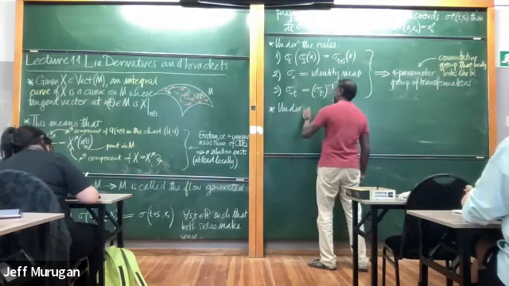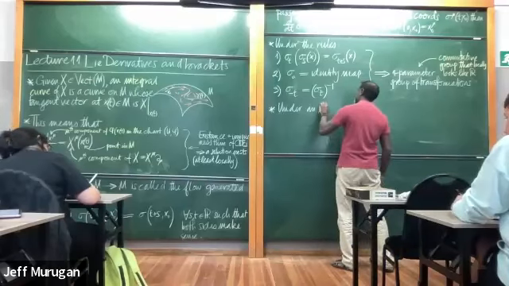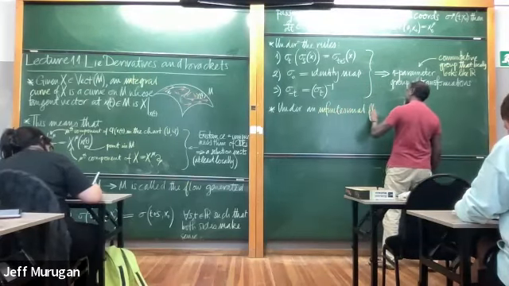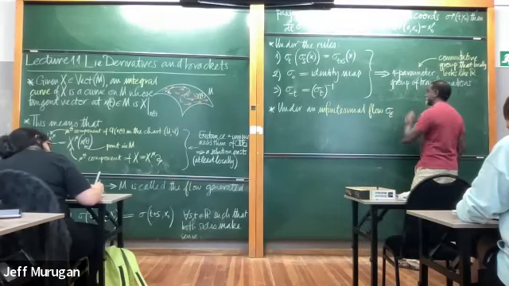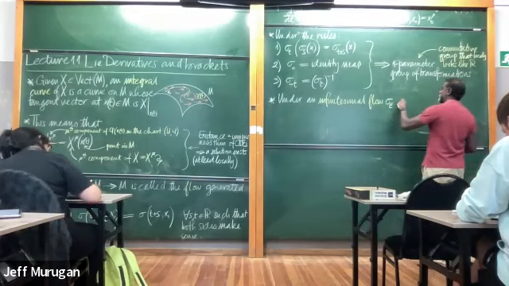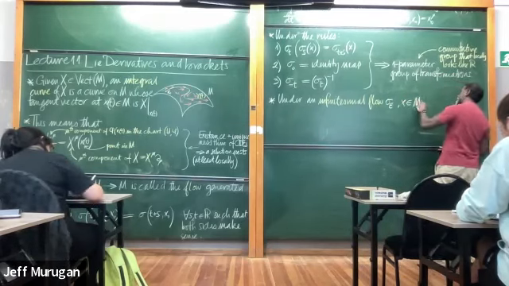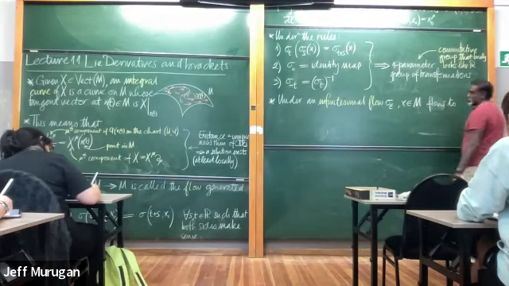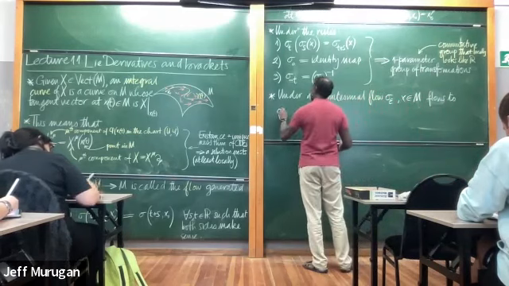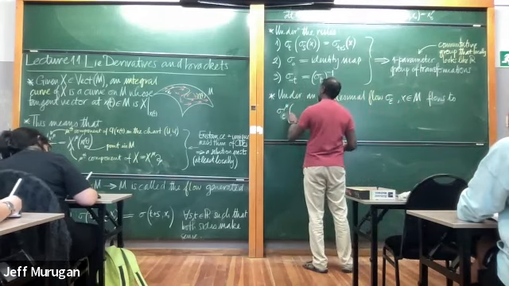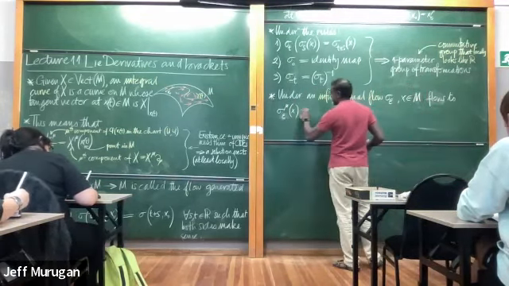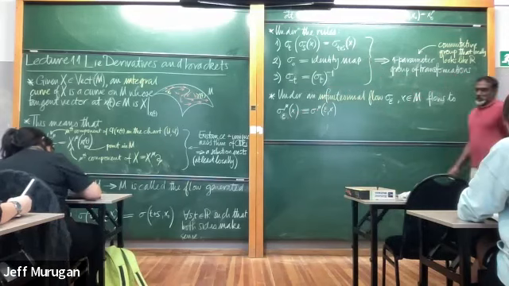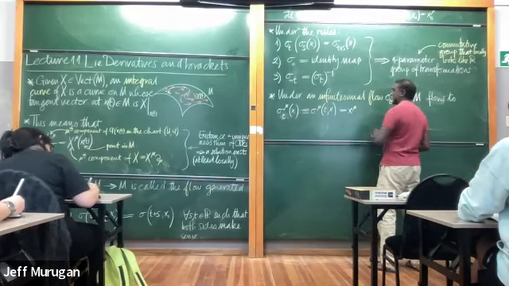Under an infinitesimal flow, sigma_epsilon takes X in M to a point near X, sigma_epsilon of X. This is just the same as sigma^mu(epsilon, x) in the notation that we used there.